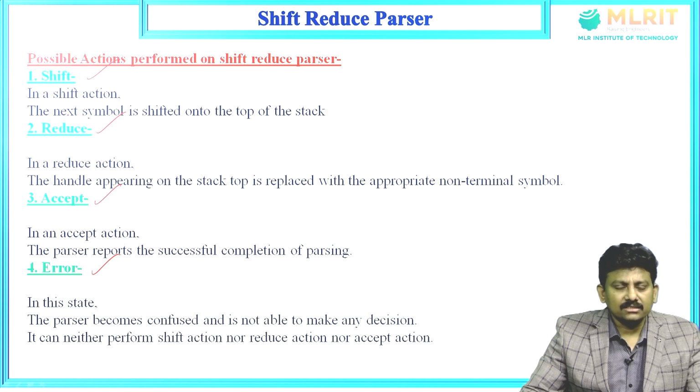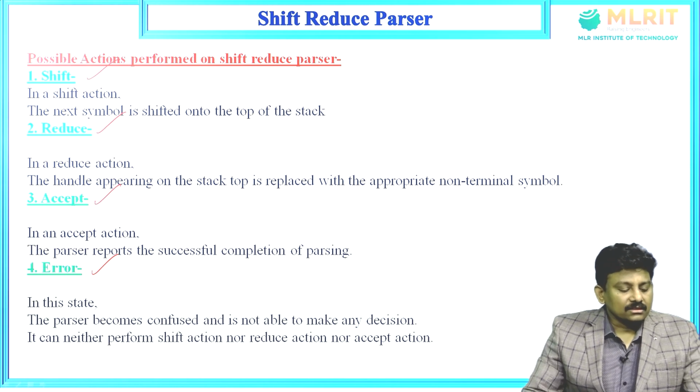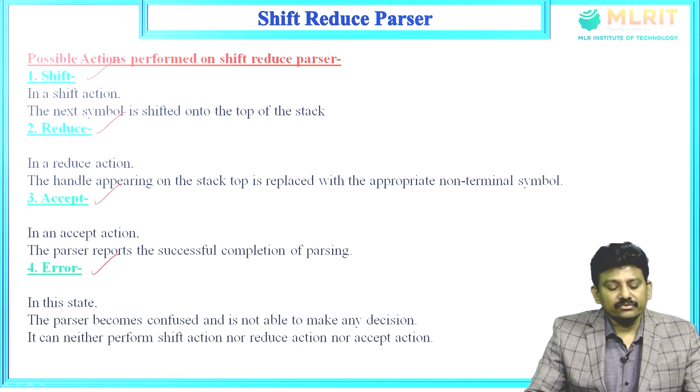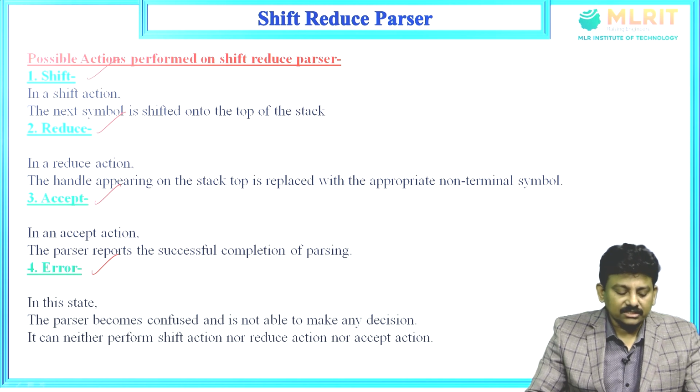If any handle occurs on the top of the stack, we find the corresponding production rule, and the left hand side non-terminal will be pushed onto the stack by replacing the handle. Next, in an accept action, the parser reports successful completion of parsing. In an error action, the parser becomes confused and is not able to make any decision. It can perform neither a shift action nor a reduce action.